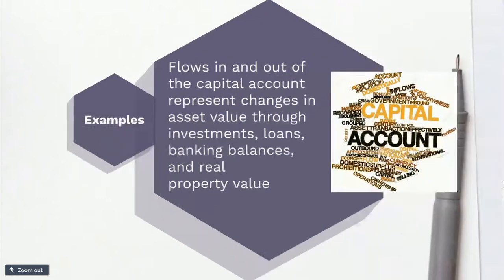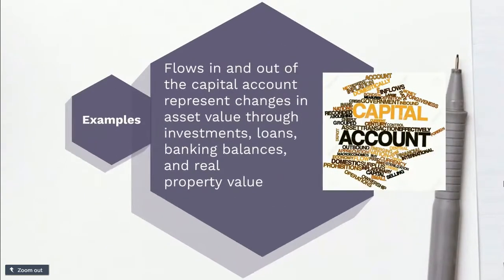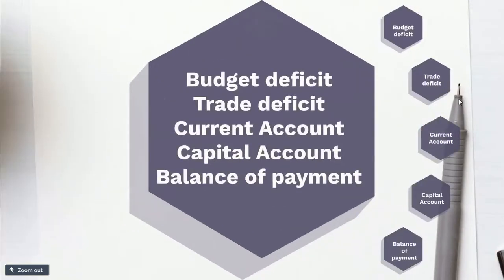So we have done three things. First was trade deficit, which was imports minus exports, or exports minus imports, whichever is higher. If imports are high, it is a deficit. Then we did the current account, which is the real transfer of payments within a financial year.